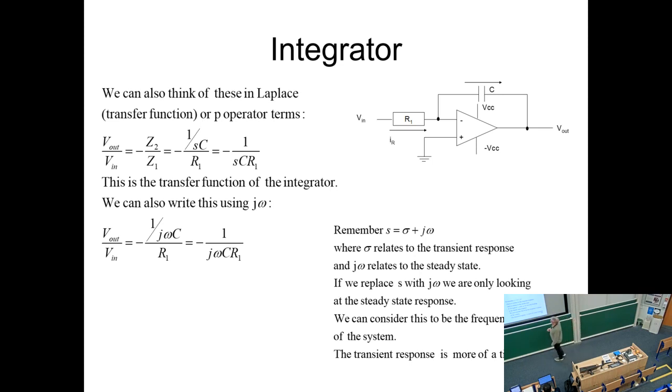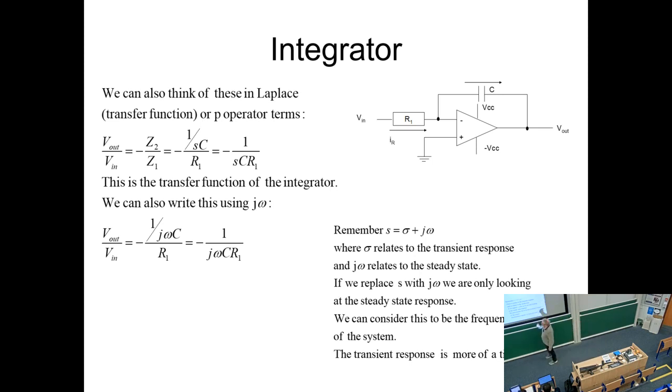So it becomes 1 over SC over R1, and that leads us straight away to this transfer function, minus 1 over SCR1, where S implicitly implies some kind of frequency response.